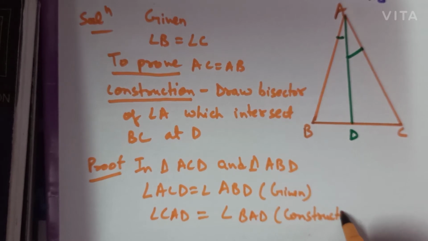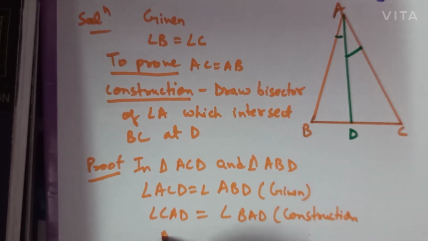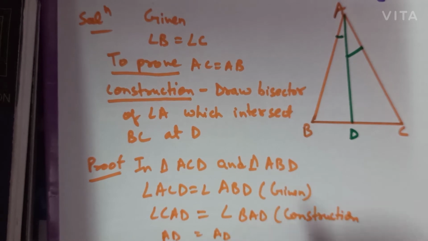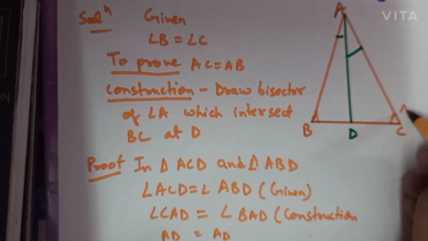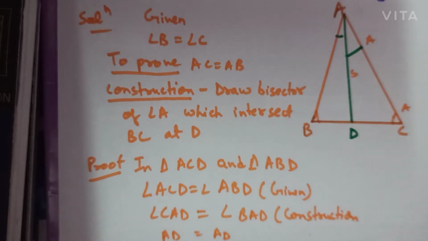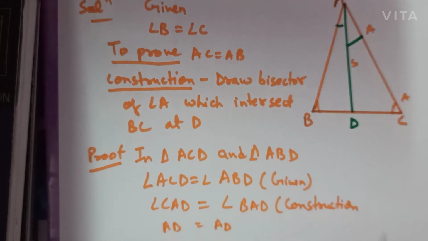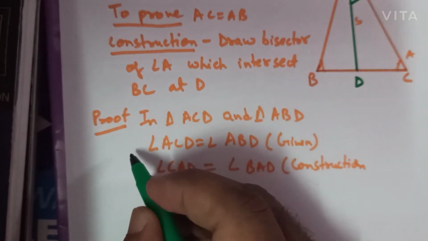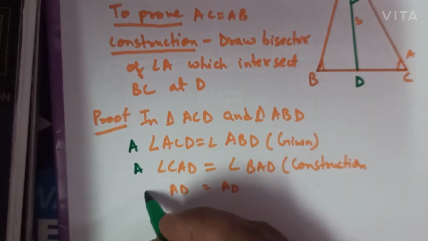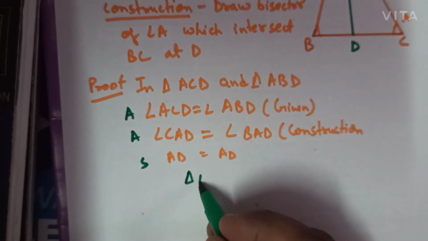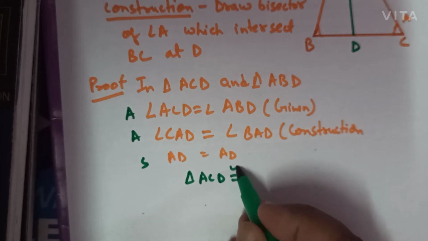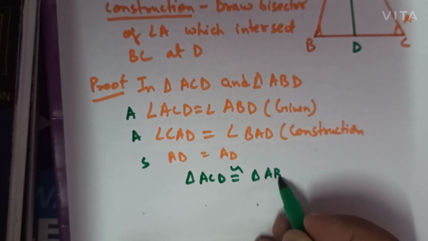And AD is equal to AD, that is the third side. So we have got two angles and a side. So by angle-angle-side congruence, triangle ACD is congruent with triangle ABD.